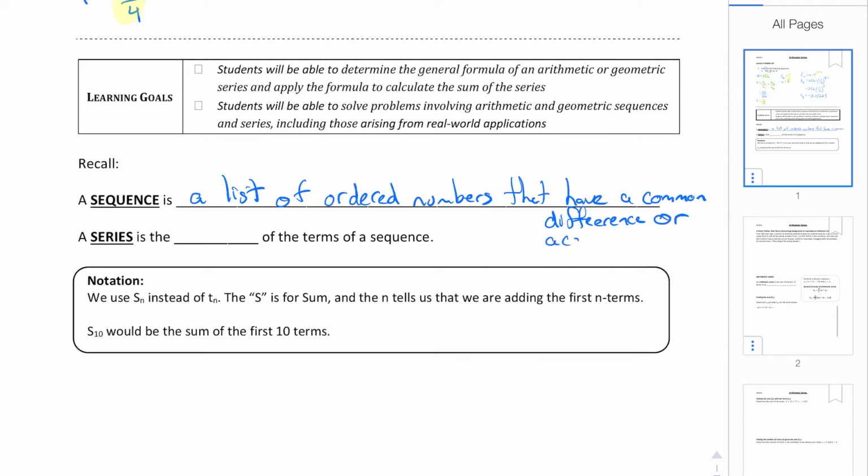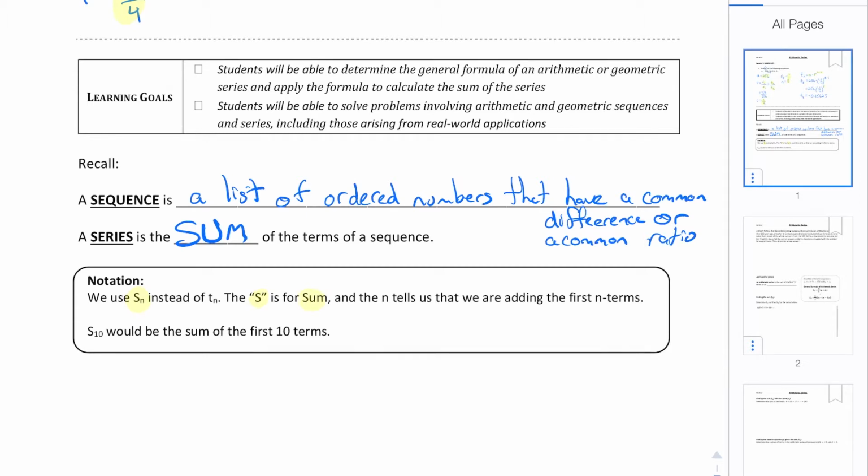And that pattern has a common difference if it's arithmetic, or a common ratio like the one above. Ratio can also be thought of as a multiple. What we're going to talk about today is when you take that sequence and you add them all up, and that's what a series is, which is the sum of the terms of a sequence.